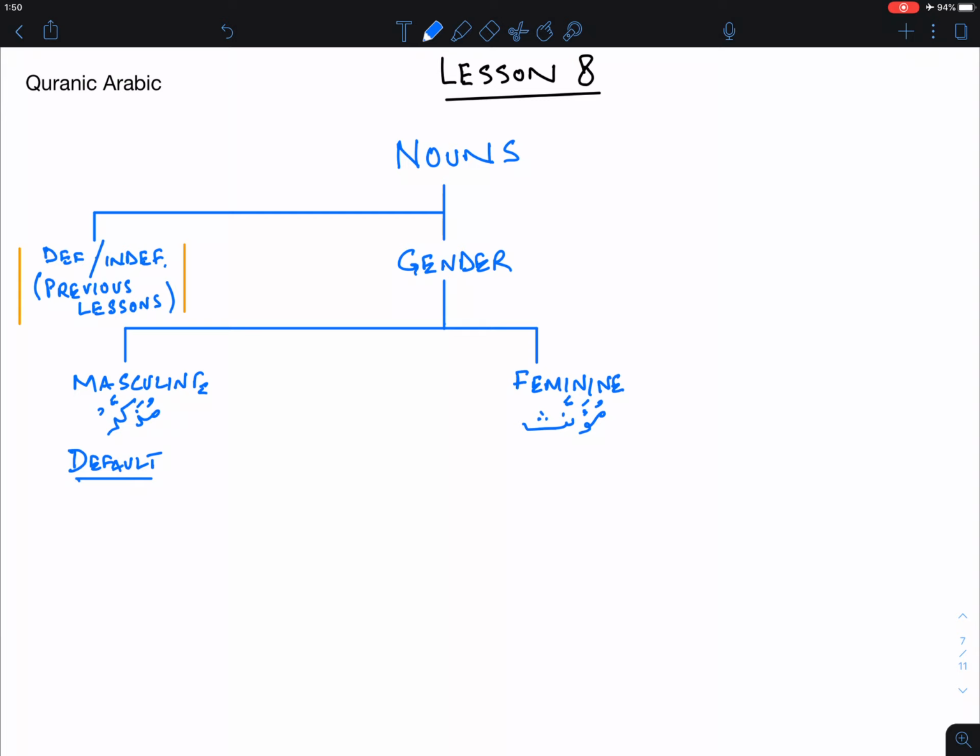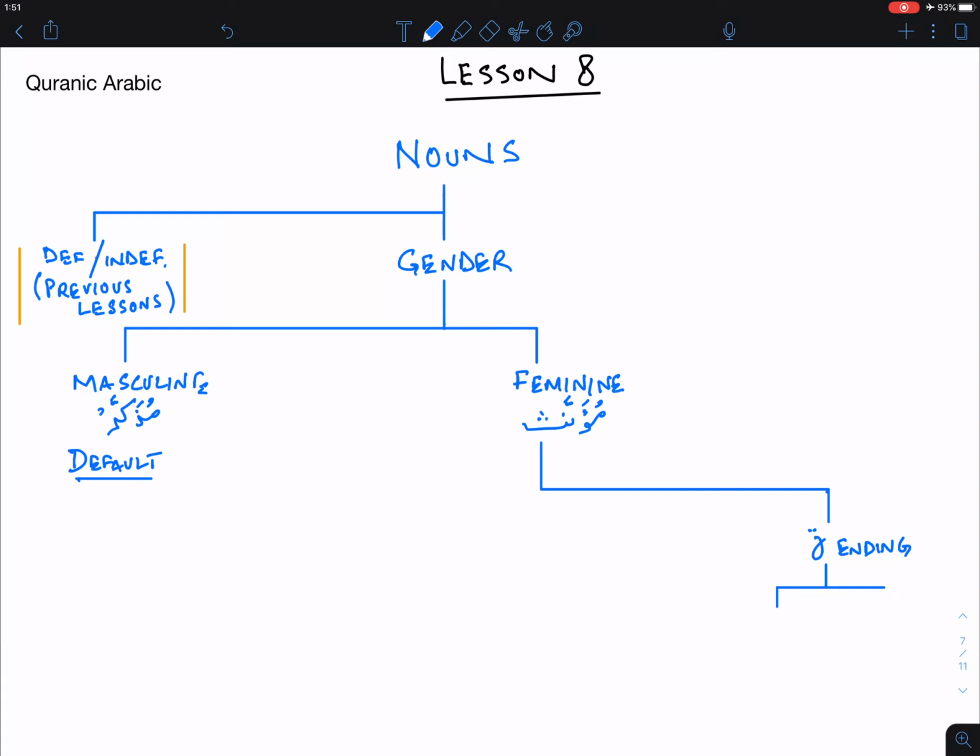We're going to look at one today, and that one is the sign of femininity known as the ta. So this one is with the ta ending. And how does that look? We're going to look at both cases of the ta ending, indefinite and definite.